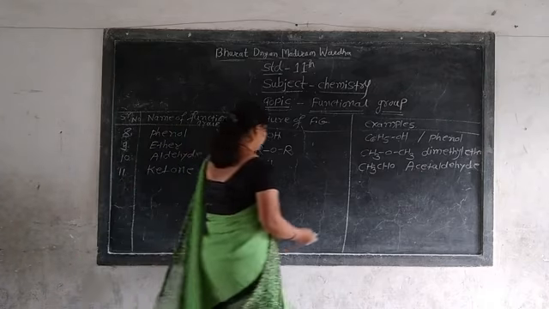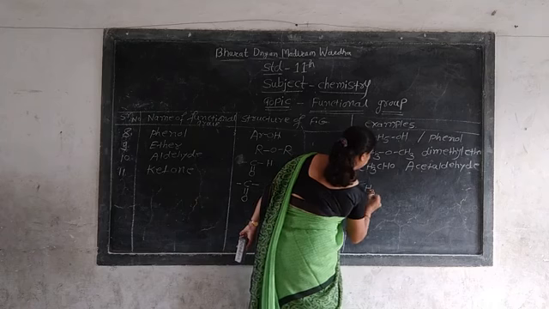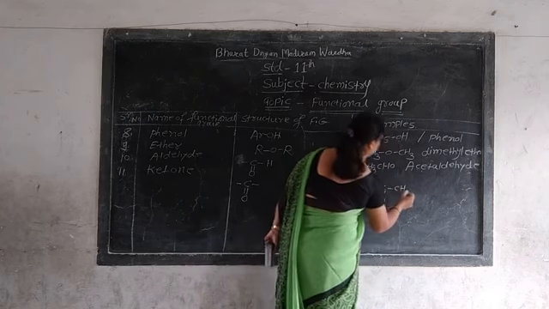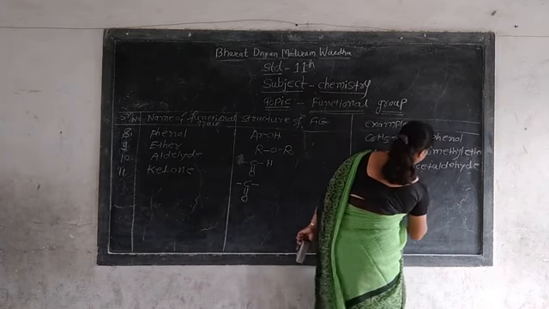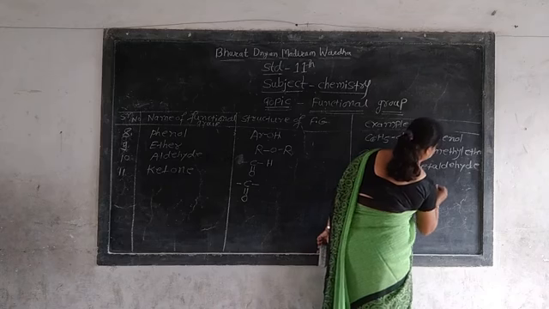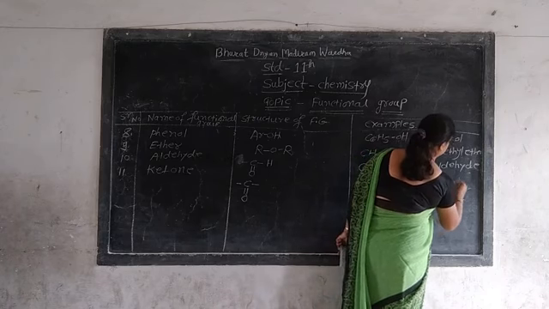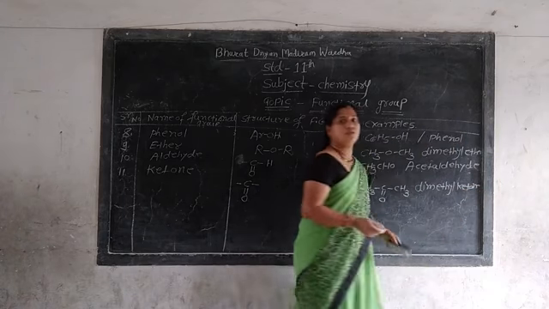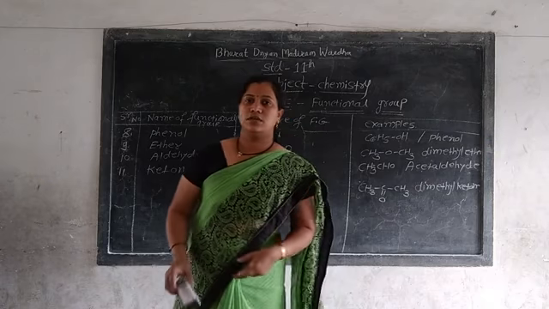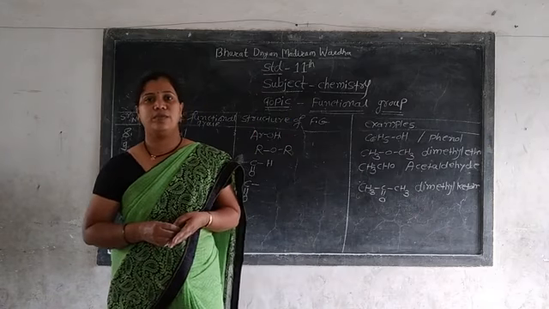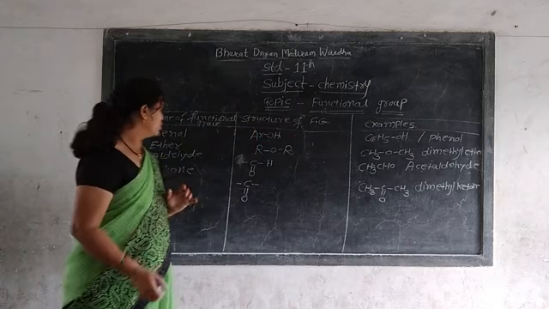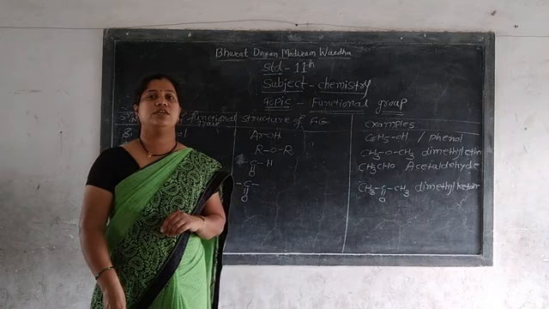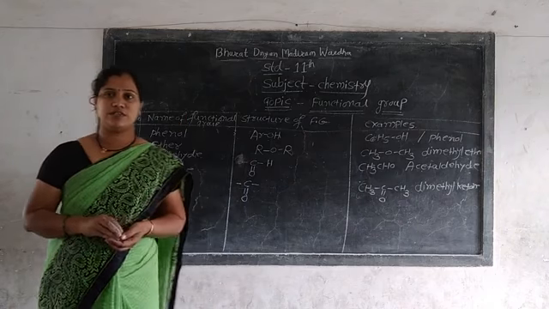An example is CH3 C double bond O CH3, and the name is dimethyl ketone. So today we learned about the definition of functional group and the names of various functional groups, their structures, and their examples.